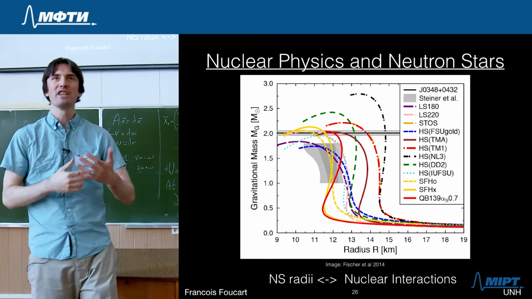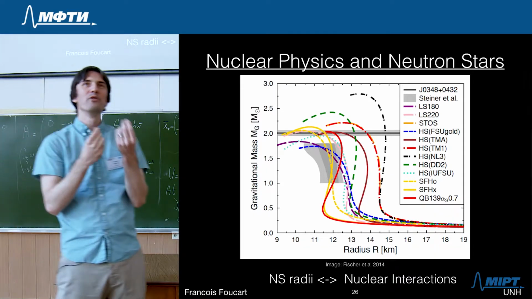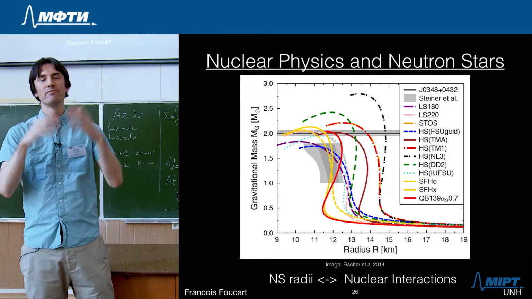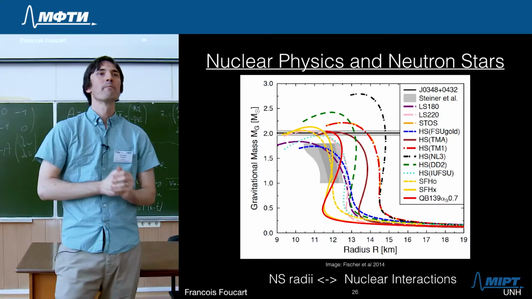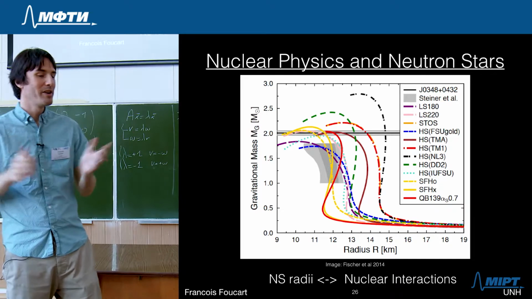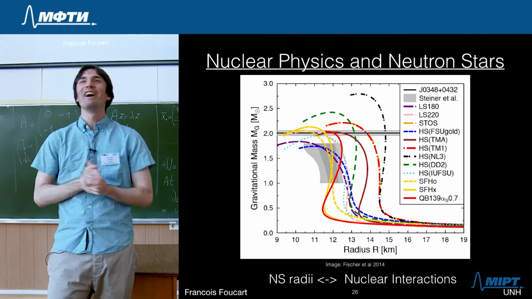And the size of a neutron star is very strongly correlated to the strength of nuclear interactions between the many neutrons and still many, but not as many protons that are in the neutron star. The neutron star is about 95% neutrons, maybe, unless the center is somehow made of something else that we don't know.